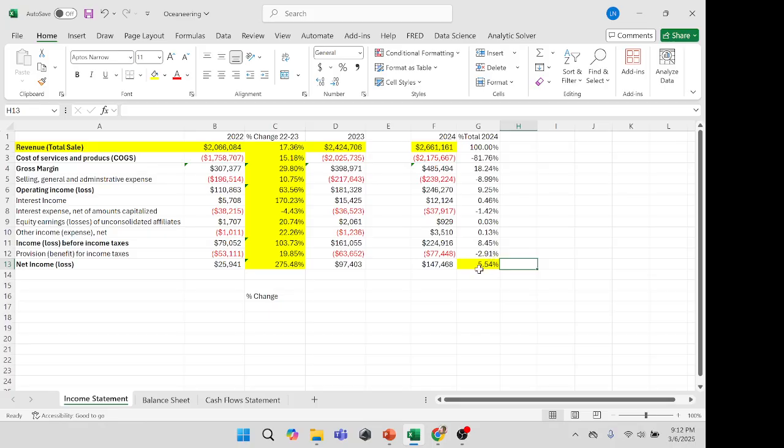I could, but for the sake of simplicity, I usually just find percentage total for the last year, just to see the structure. And what do I mean by structure? You see that 5% of net income is coming from the total revenue, and for the cost of goods sold, 81% of the total sale is going to the cost of goods sold.